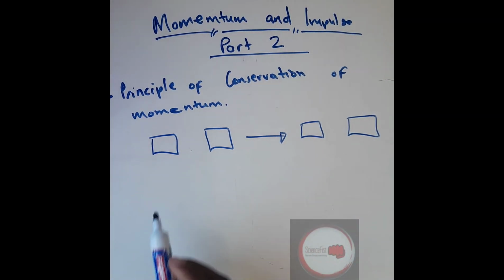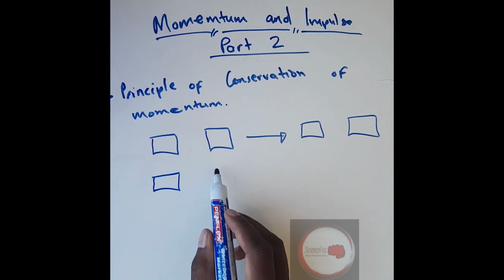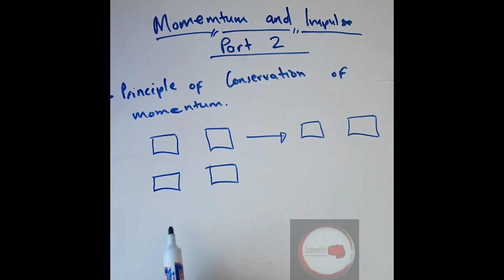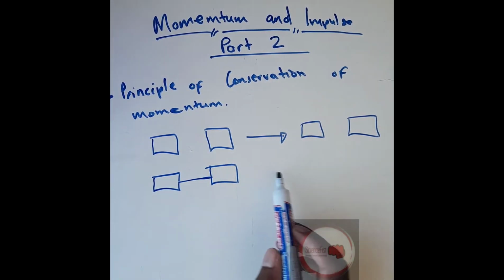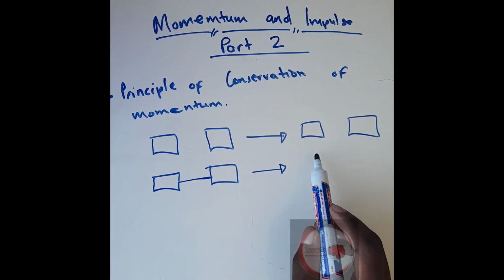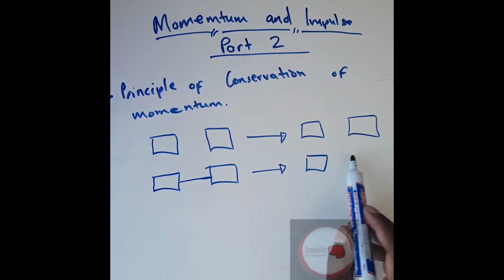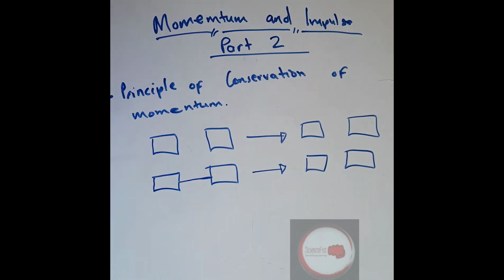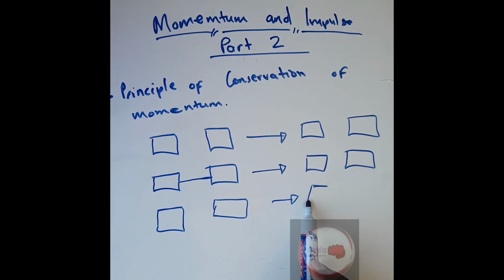You can have two joined together before collision, they collide and then they become separate. Then you can have two separate, they collide, they become a unit afterwards.